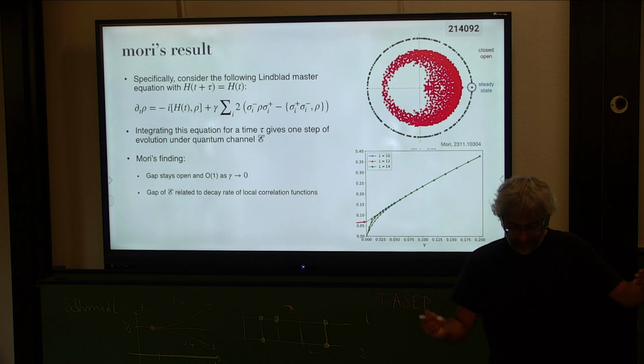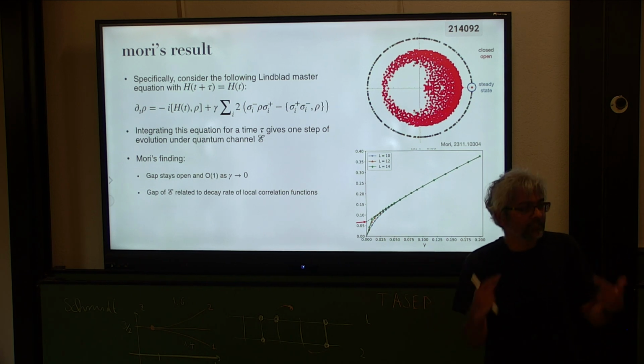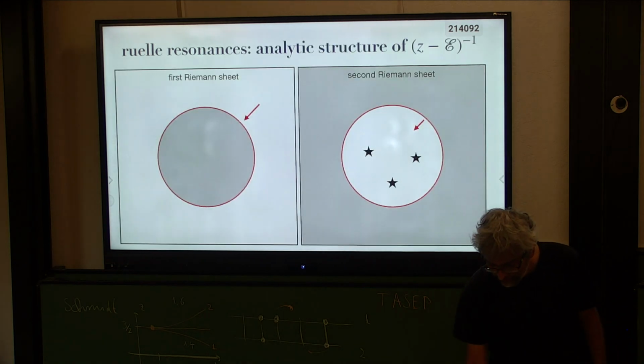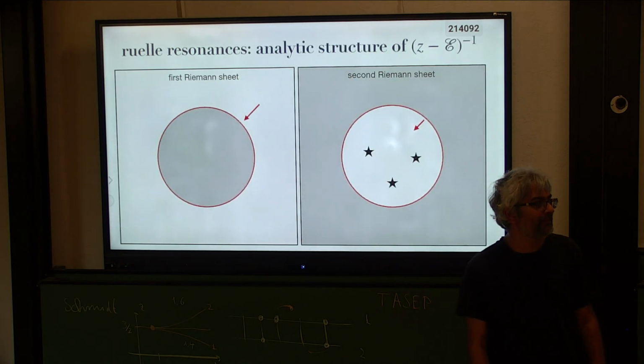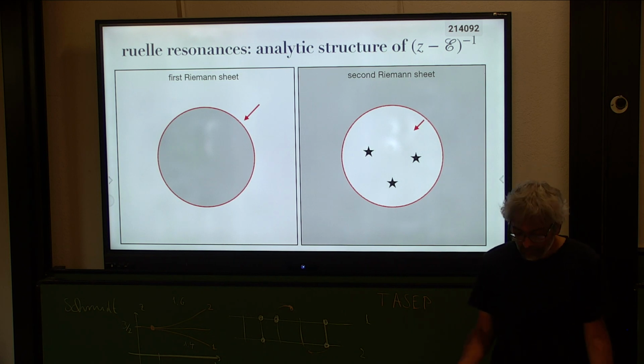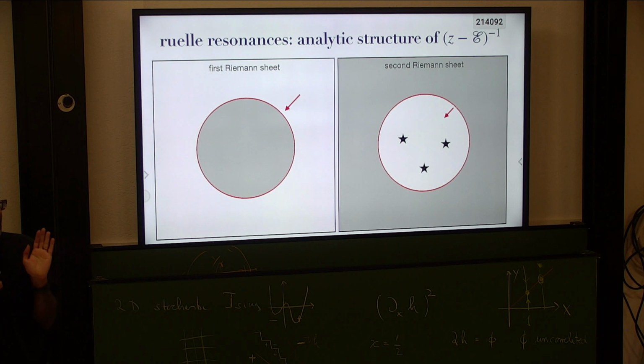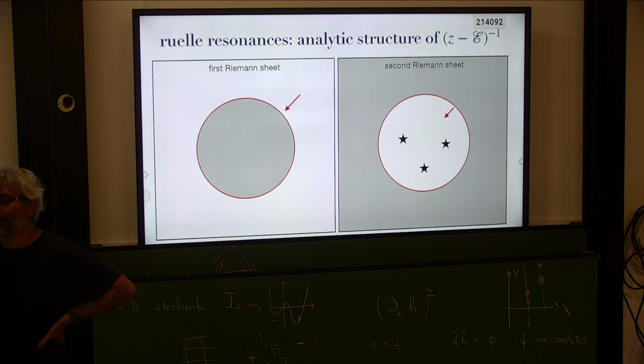You look at the resolvent of the evolution operator and push it through the branch cut, and you emerge into a second Riemann sheet. In the second Riemann sheet, for some models, not the model I was showing you, but some classical models back in the day, Ruelle found that you have poles inside the unit circle, and these correspond to dissipative modes.